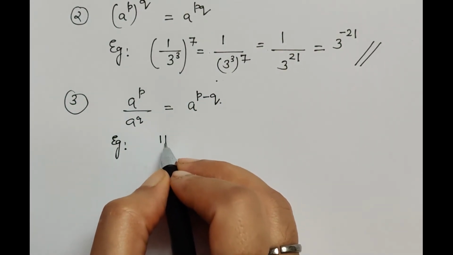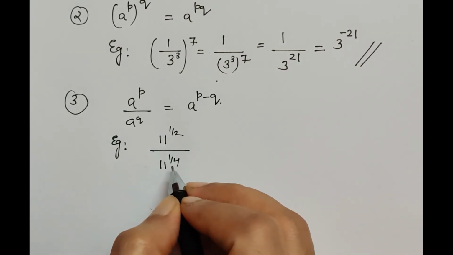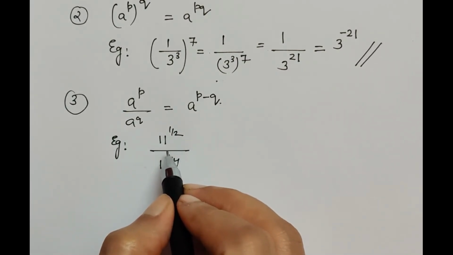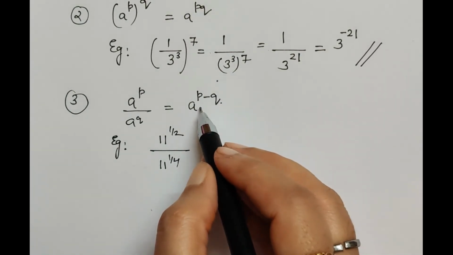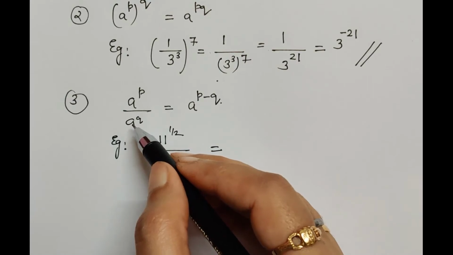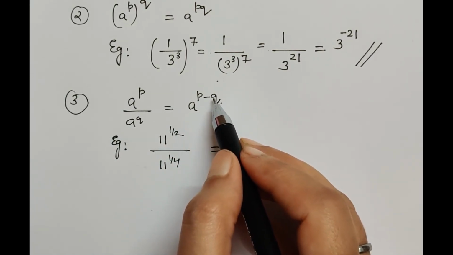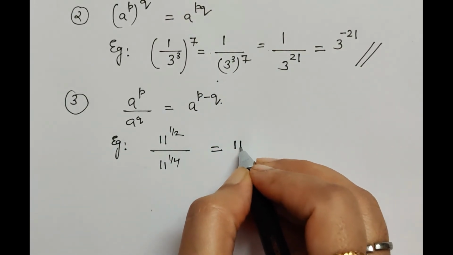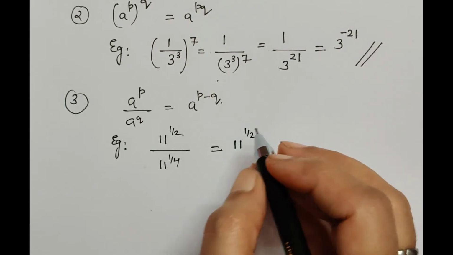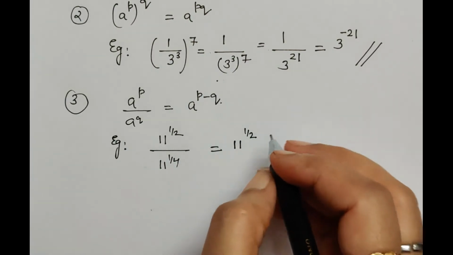If we have 11 to the power 1 by 2 upon 11 to the power 1 by 4. Here we can see in numerator and denominator base is same, 11. So as per this law, what will happen? Denominator's power will get shifted to numerator's power with negative sign, or with the opposite sign we can say. So here 11 to the power 1 by 2 we have already, and this 1 by 4 will get shifted to the numerator's power with opposite sign.